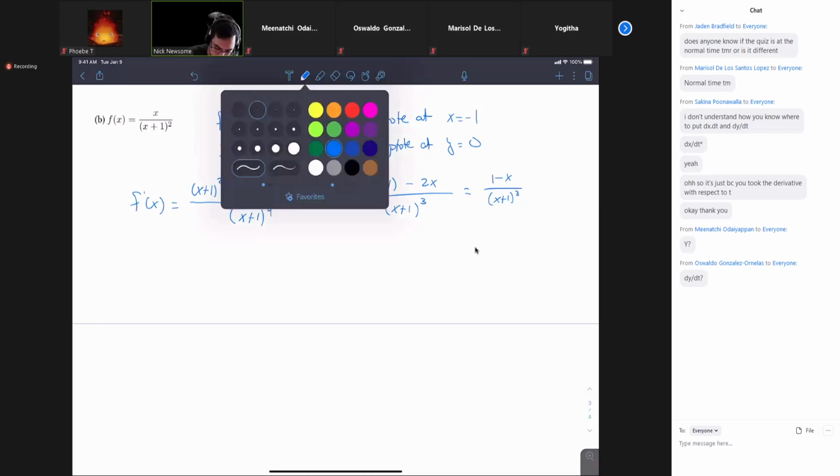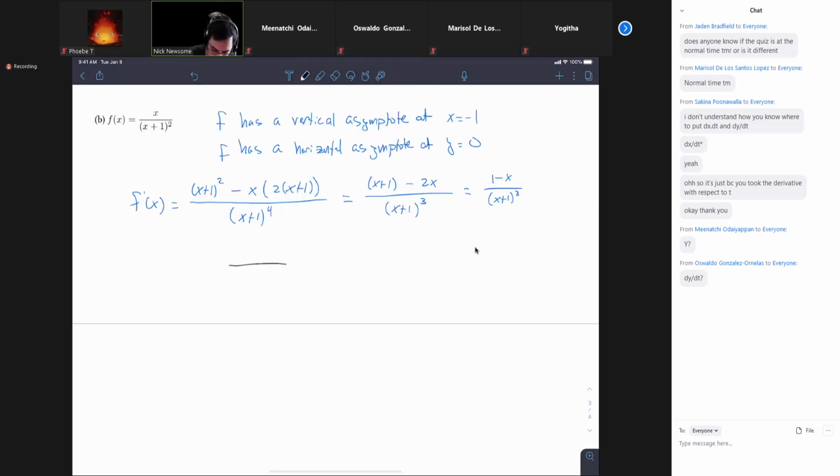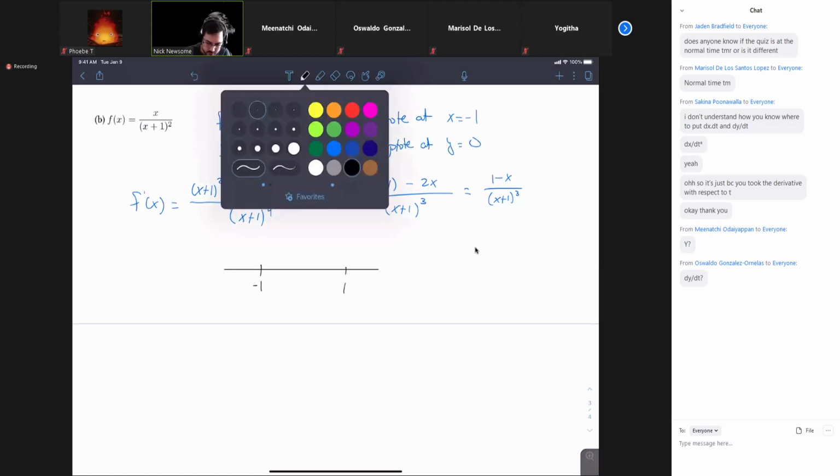If I make my number line, -1's going to be here, 1's going to be there. But I know that I have my vertical asymptote at -1, so it's not going to be an actual critical point, but it's still something I need to consider. And then I need to use test points to figure out what f prime is doing.